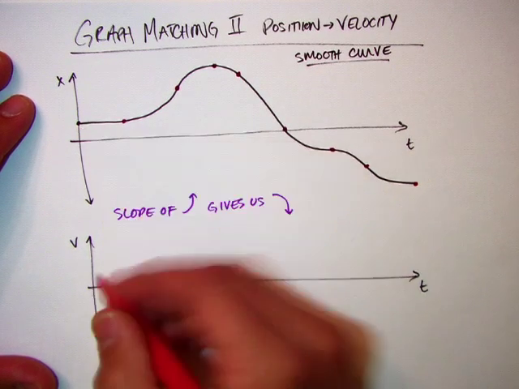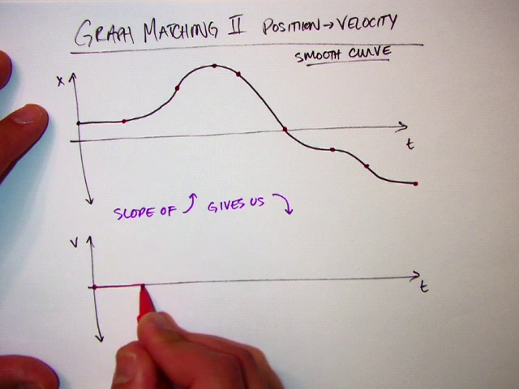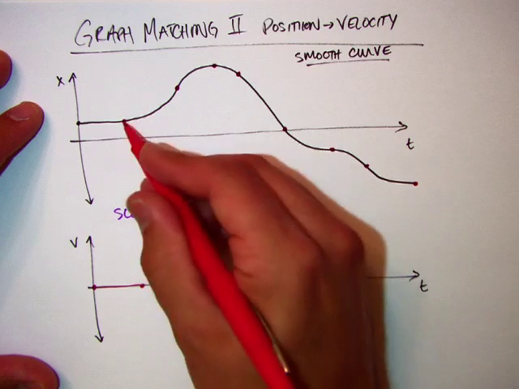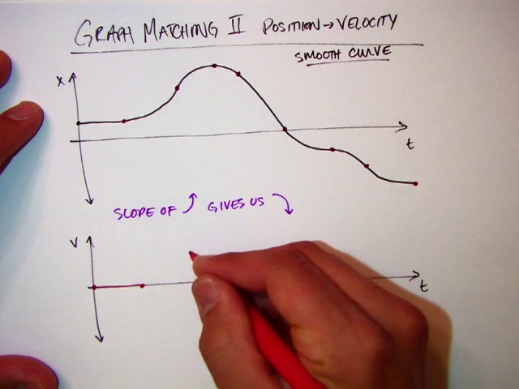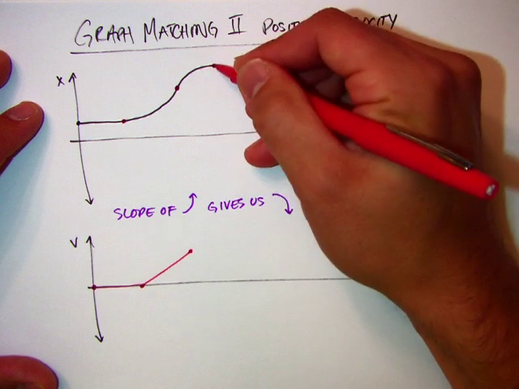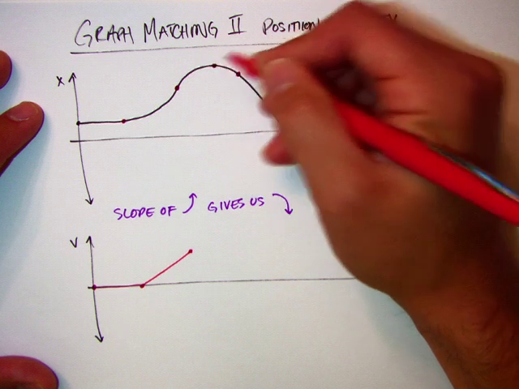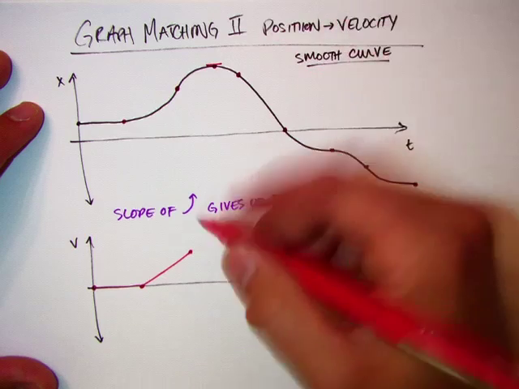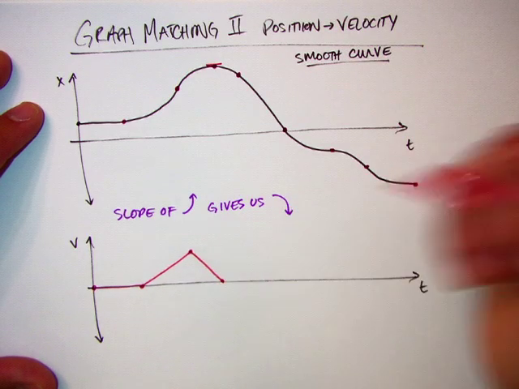So here, position doesn't change, flat, slope is 0, velocity is 0. Very easy. From here to here, my slope is increasing positive, so my velocity is increasing positive. From here to here, I'm going from steep positive back to flat, where velocity is 0, so I'm going back to a velocity of 0.